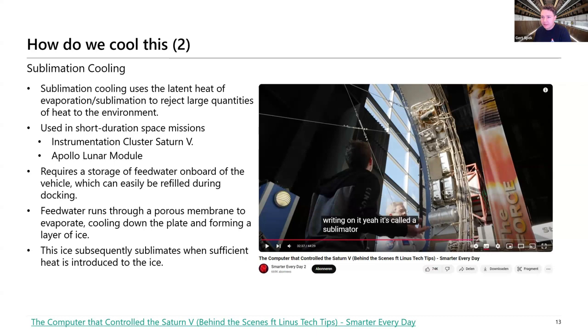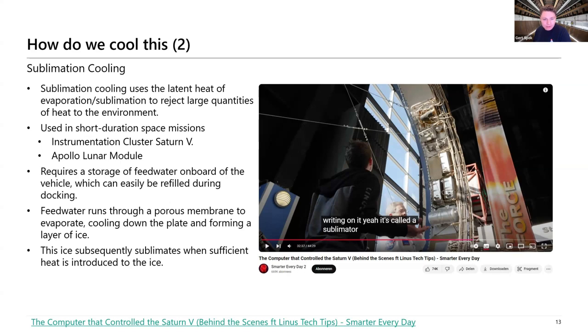And sublimators are basically leaky radiators where you put water in and the water will freeze, closing the sublimator, but then under the presence of vacuum and the presence of additional heat coming from this system, you will force the ice to turn into water vapor. And this water vapor then takes a bunch of the heat you generated along with it.